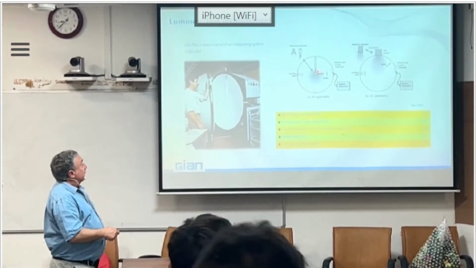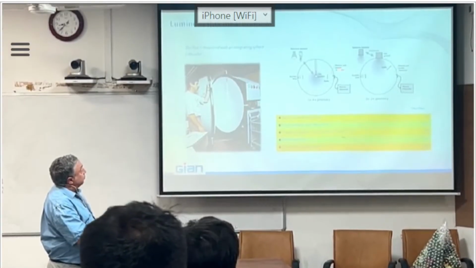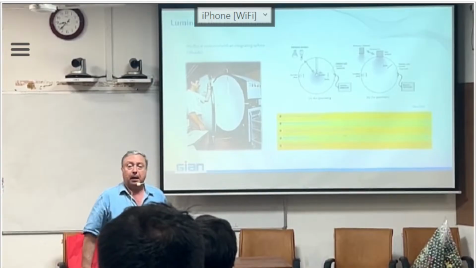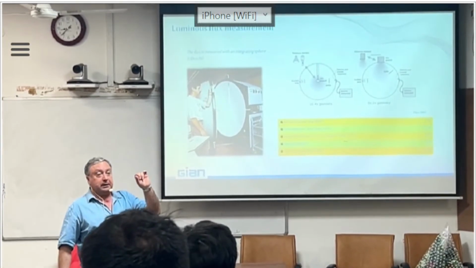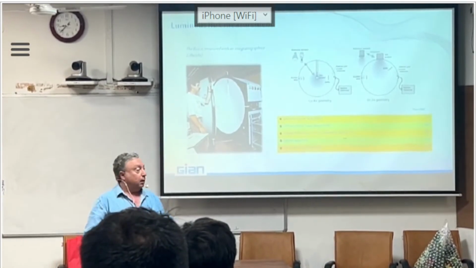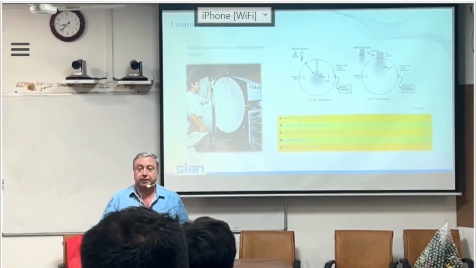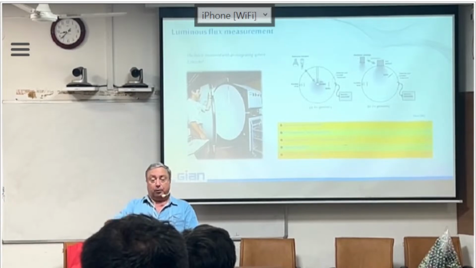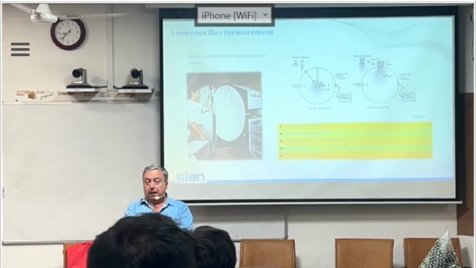And then we can collect the light thanks to a calibrated photocell. If we take a small amount of light, we can measure here, for example, a number of volts. And if the sphere is calibrated, this number of volts corresponds to a number of lumens. Why?